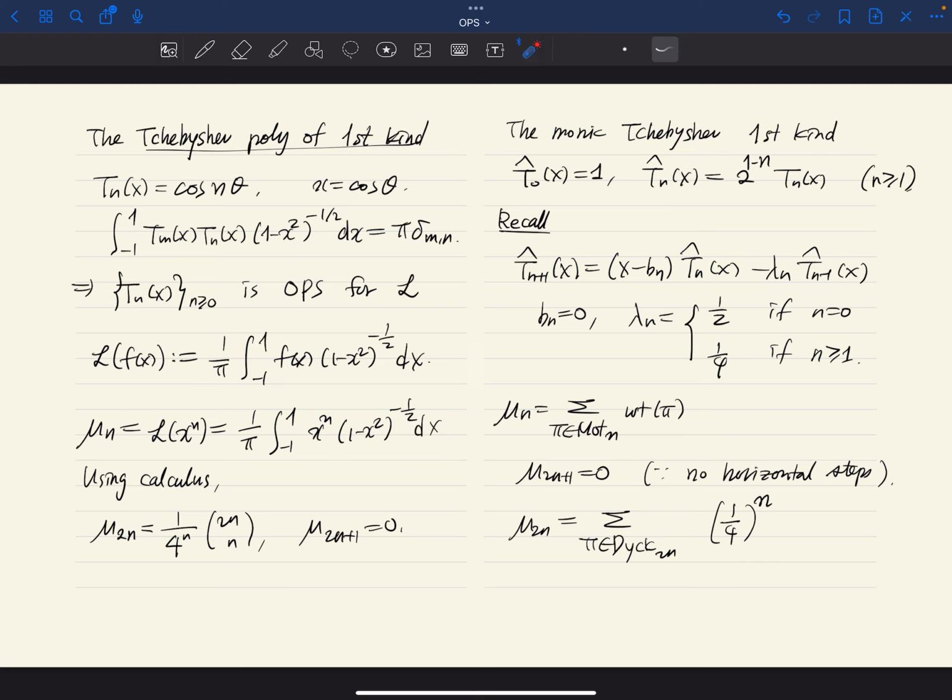So if we have the same situation as before, we would have things like this. But it's not quite correct. We have to make it correct. We have to multiply 2 to the a of pi, where a of pi is the number of down steps touching the x-axis.